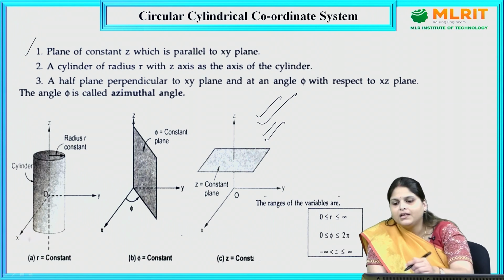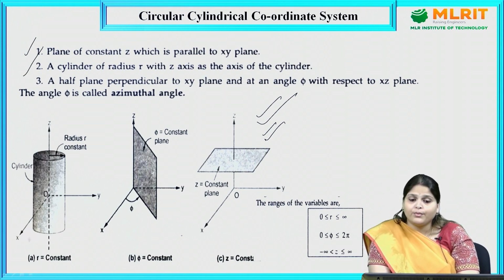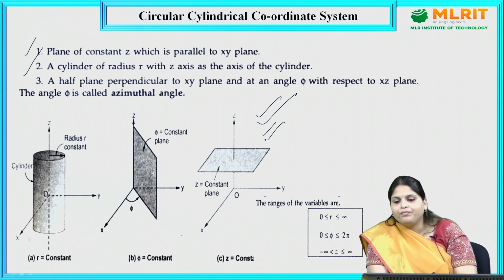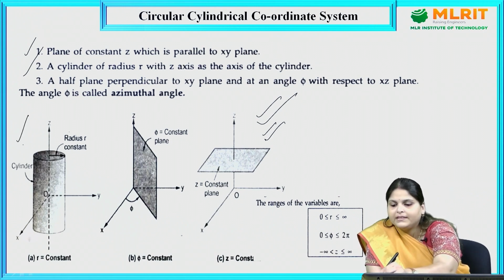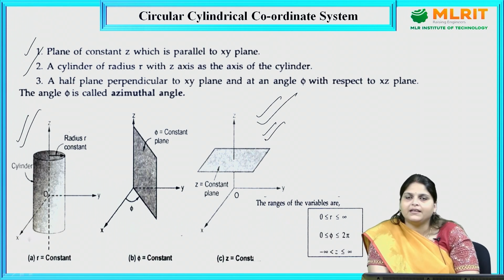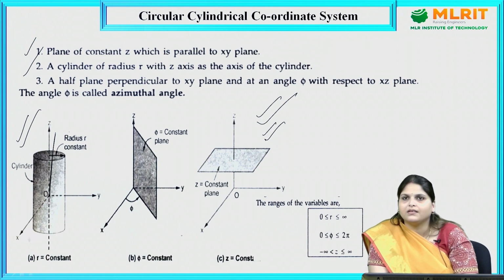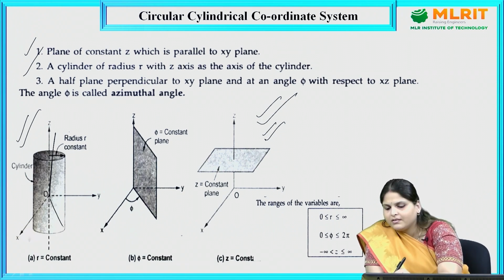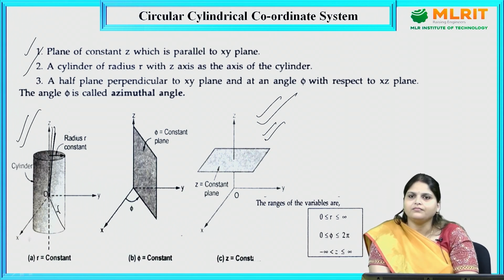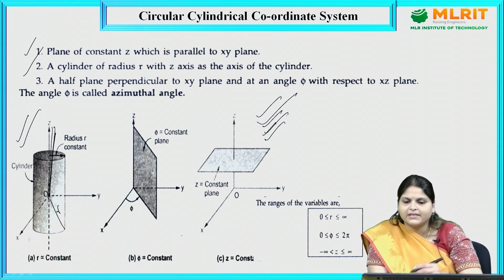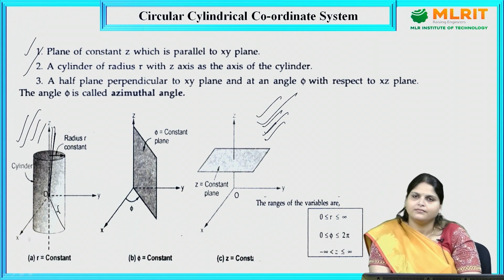Next, we need a cylinder of radius r with the z axis as the axis of the cylinder. So suppose this is the radius and the axis is z. Apart from this constant z plane, we need this.